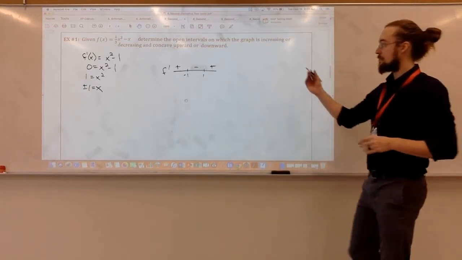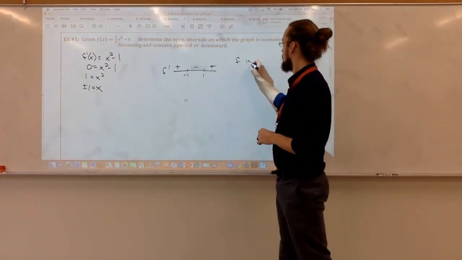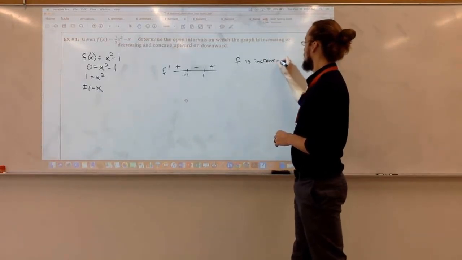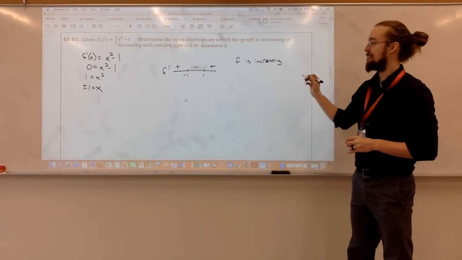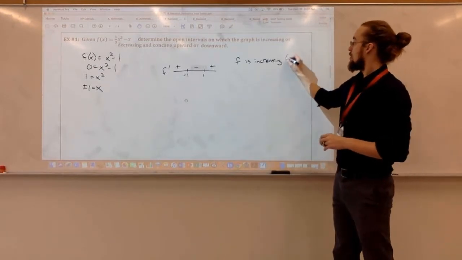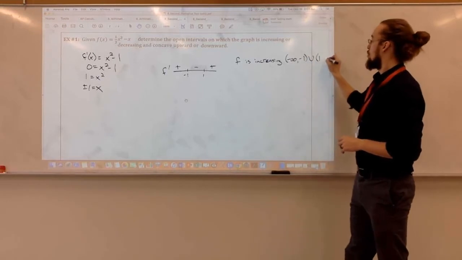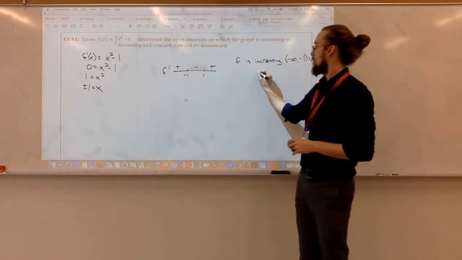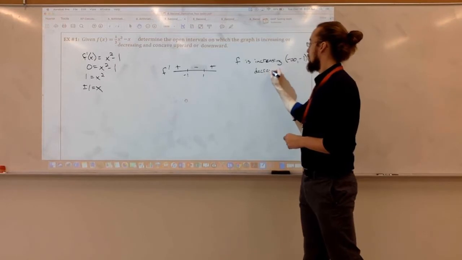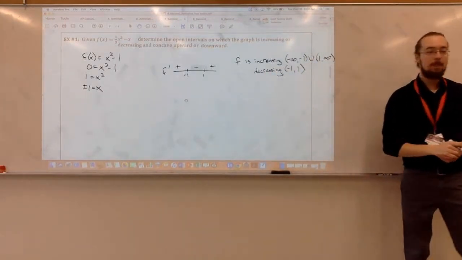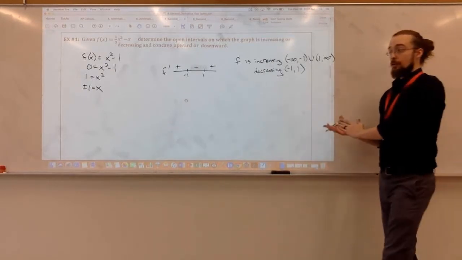Increasing from negative infinity to -1 and 1 to infinity, and decreasing from -1 to 1. So that's the stuff we already knew how to do.